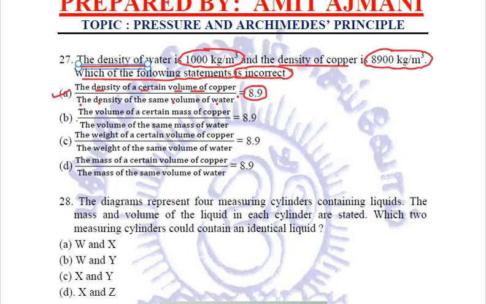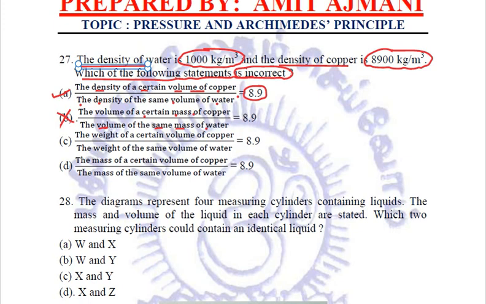Next, the volume of certain mass of copper divided by the volume of same mass of water is 8.9. This is the incorrect statement, because relative density is the ratio of the density or the mass or the weight, not the volume.